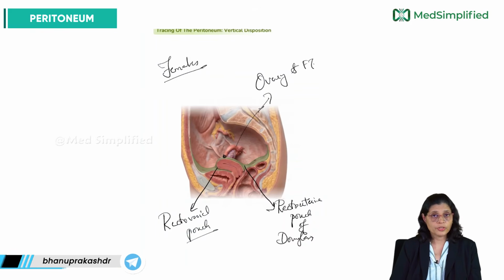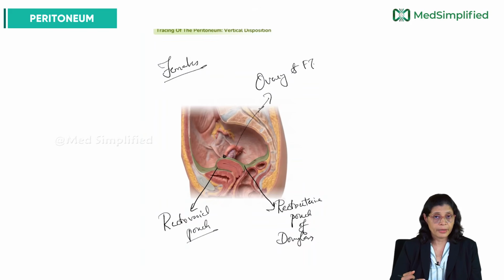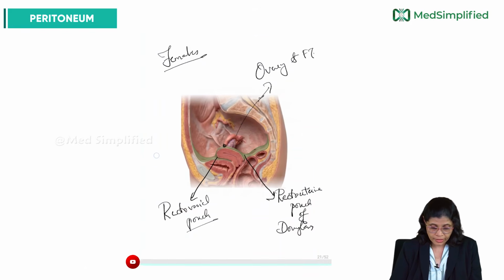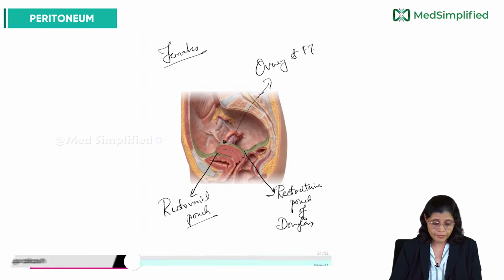These two pouches we see, and this rectouterine pouch of Douglas is the most dependent part in a semi-horizontal position in females. So any infection gets collected in that pouch. So this is about the peritoneal reflection in males and females.